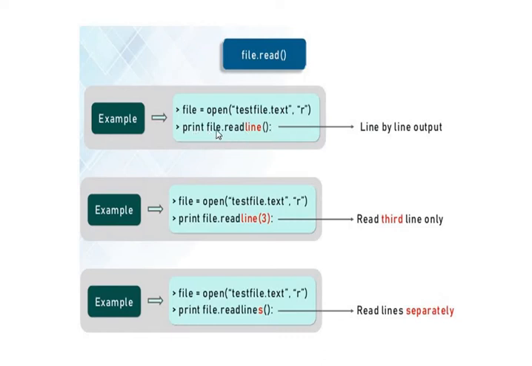Then print file dot readline. Readline means line by line output. Readline of 3 means read the third line of that file. Read lines separately.